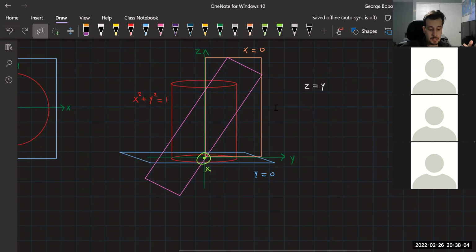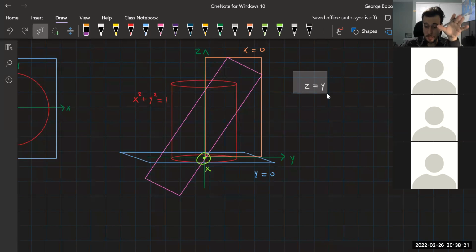So that means that I have to be careful about this. Let me look at it. Why did I draw it like this? There has to be a reason. I think I drew it like this because it's very obvious. This one here, the plane that is defined by this, you can see that as Y grows, Z grows.